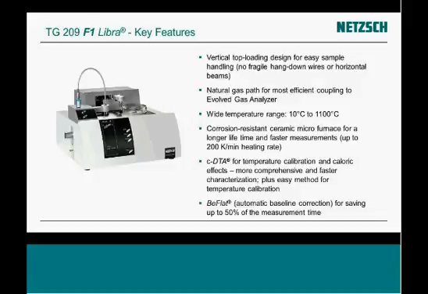Also, we provide Beta-flat, which is an automatic baseline correction that will automatically consider the buoyancy effect and the drifting effect. So if you don't have time to run a baseline, you can use the Beta-flat, which is already stored in the software, as a baseline to save you time.